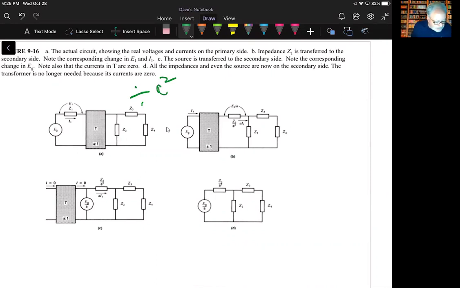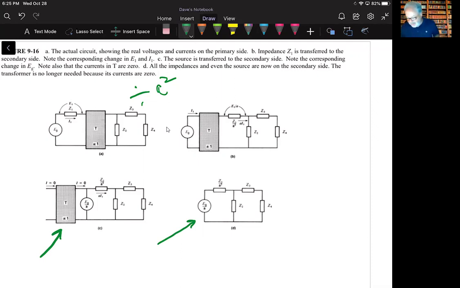We can even shift the source to the secondary side, where it becomes a source having a voltage given as E sub G divided by A. The ideal transformer now is isolated here, and in this position the primary is open circuit. Consequently, both the primary and secondary currents are zero, and as before, we can remove the transformer and end up with a circuit that we could do analysis on.